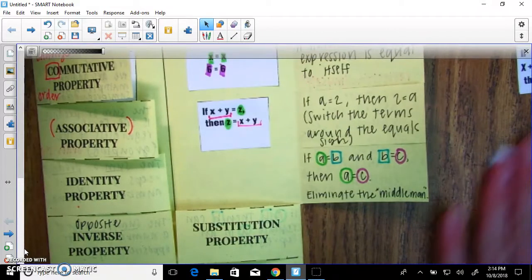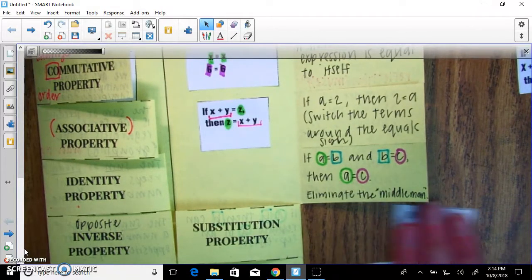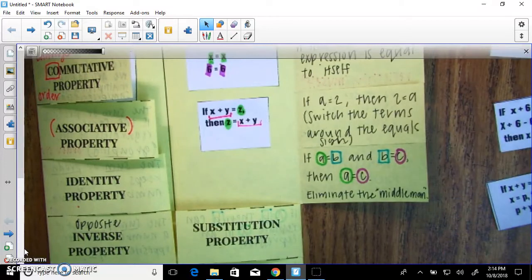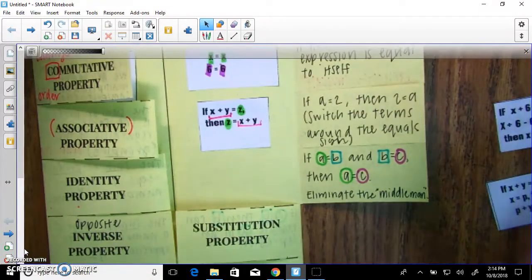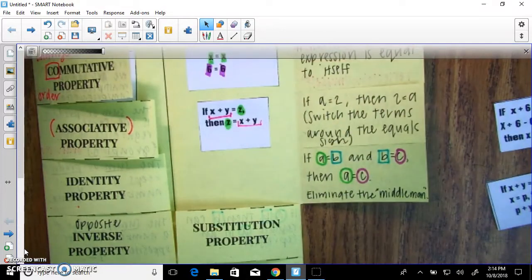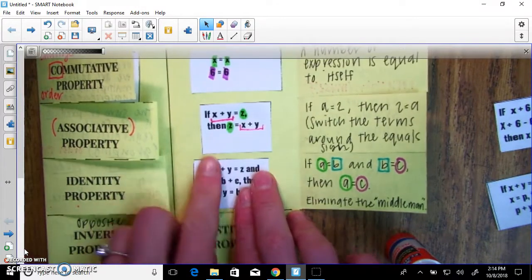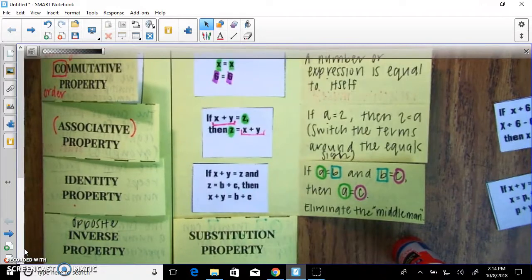So look through your little squares and see if you can find out which one of these represents the transitive property. I think the best representation of the transitive property would be this one, okay? And let's see why.